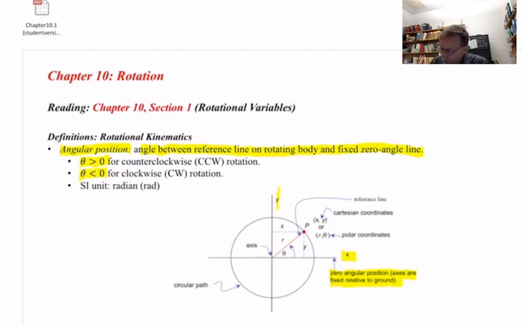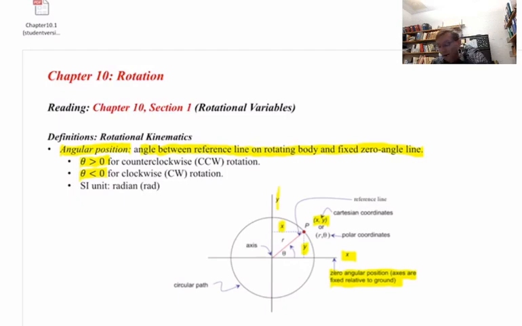Some other things to note from this diagram. The point P, where the red dot is on the rotating wheel, is itself moving in a circle, and the circle is also drawn. The point P at this moment in time can be described by its Cartesian coordinates, x comma y. We even sketched the x and y coordinates in the drawing.